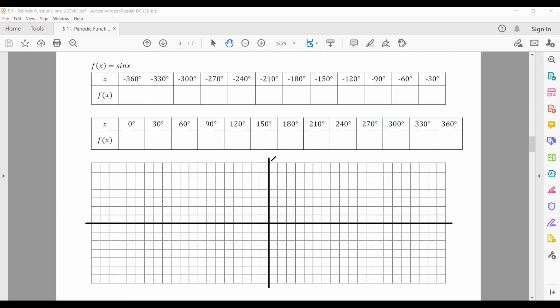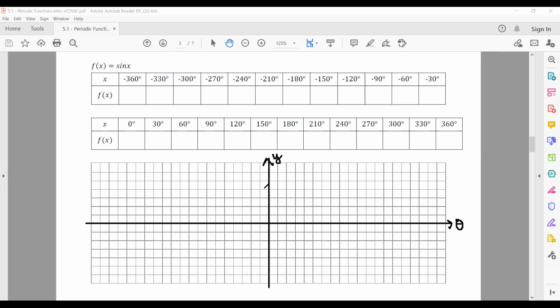Follow along with me. In this case, my x-axis is going to be theta because it's dealing with an angle. And the y is just some value.